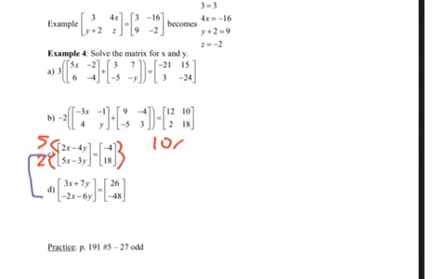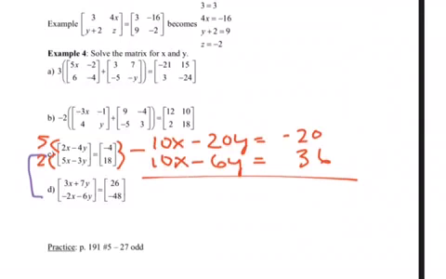So it's going to give me 10x minus 20y is equal to negative 20, and 10x minus 6y is equal to 36. If I subtract these, I'm going to get negative 14y is equal to negative 56, so y is equal to 4.